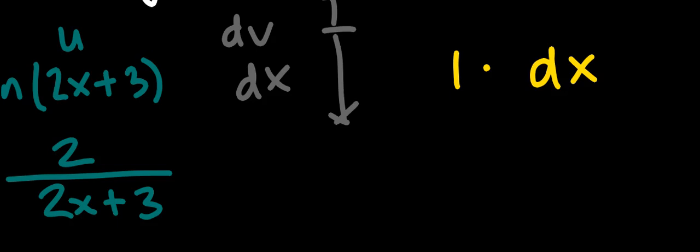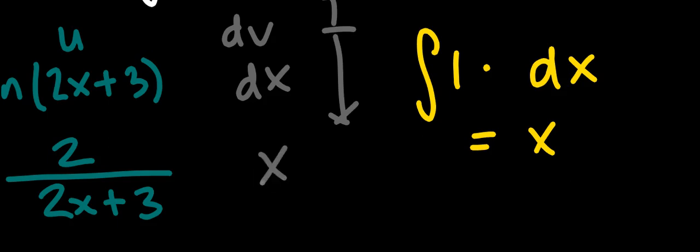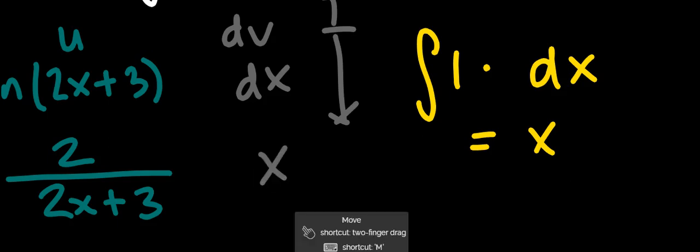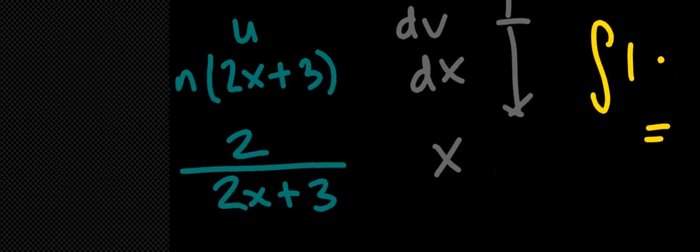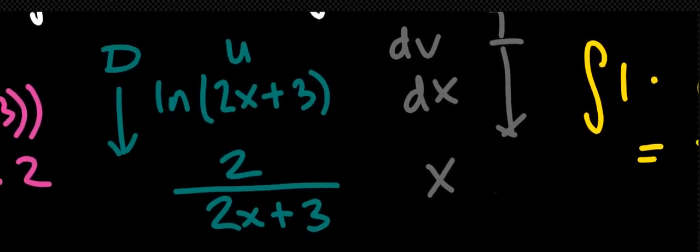When you have, let's say, an integral of 2 dx and you're trying to find the integral of it, then it would be 2x, right? So for this one, this is just the integral of 1 times dx, and this would be equal to x. Okay. So now we have our setup right here.